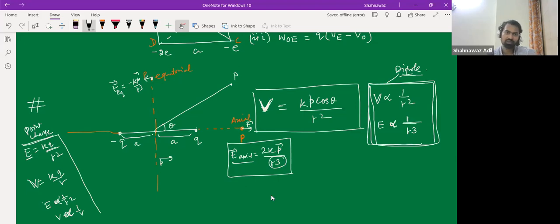Please note down this part, so that you guys don't forget this part. If we repeat again and again, then you will not forget.